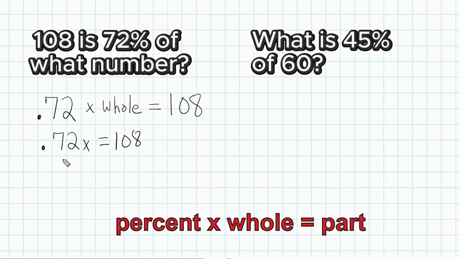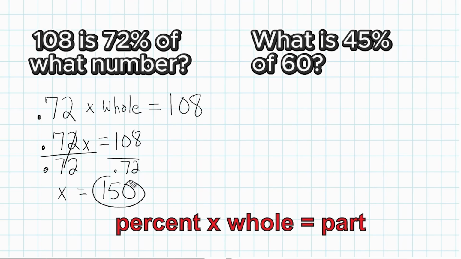And then to solve for x, we would just divide by 0.72 on both sides. That would turn this coefficient over here into 1x. And over here, 108 divided by 72 hundredths is equal to 150. So this is equal to the whole amount.